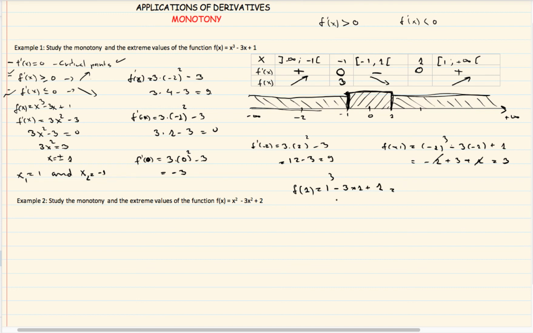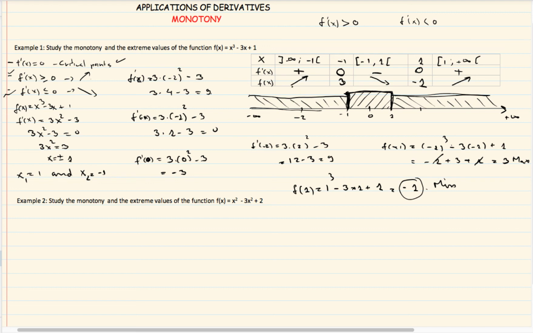So this is equal to 1 minus 3 plus 1, so this is equal to minus 1. So this was our maximum, and this is our minimum at this critical point x equals 1. So the minimum value of this function is minus 1.